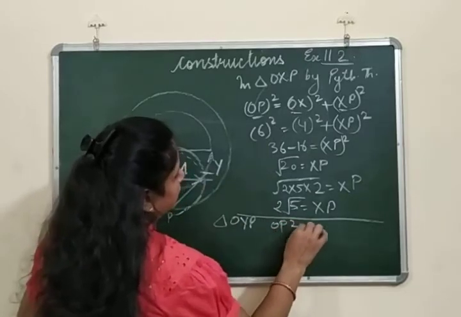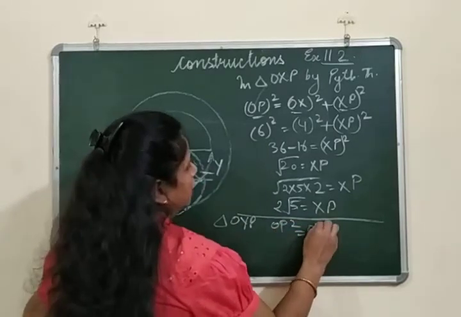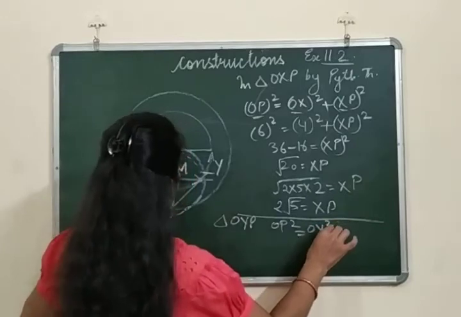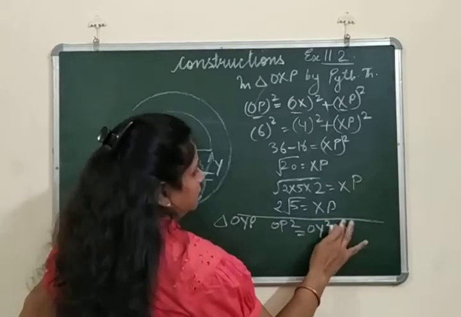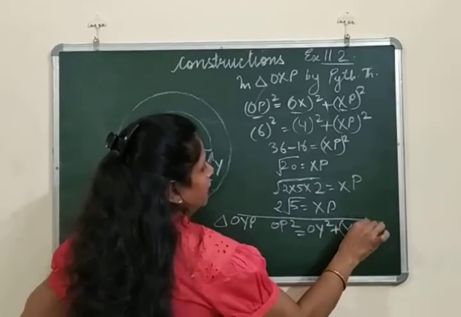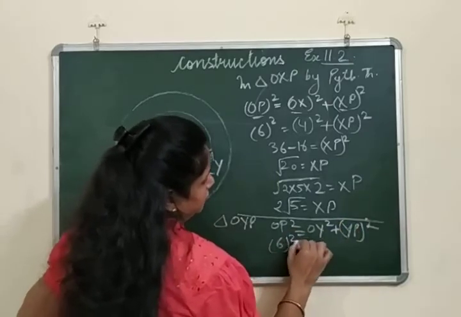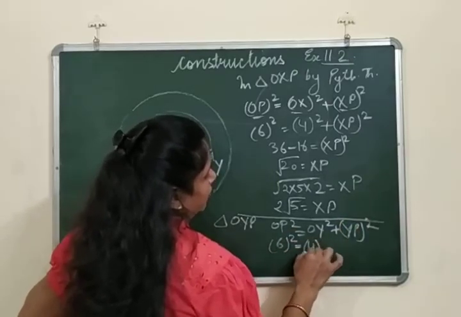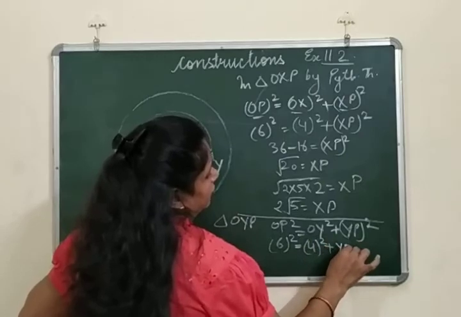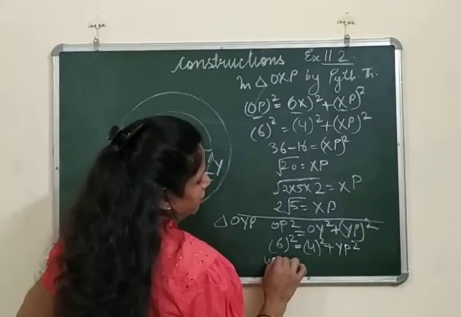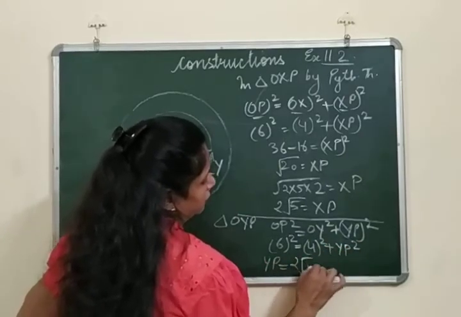OP square is equal to OY square plus YP square. This is the same. 6 square is equal to 4 square plus YP square. When you solve it, YP also will be 2 root 5.